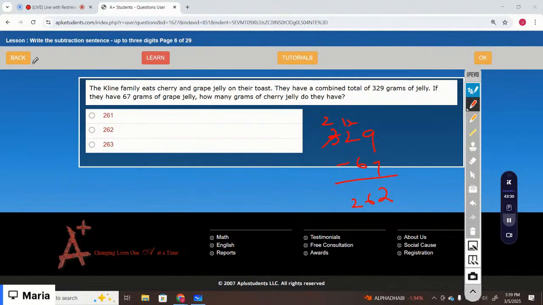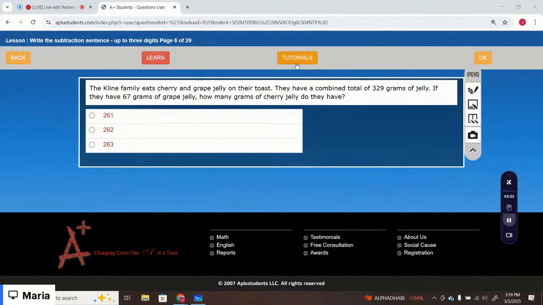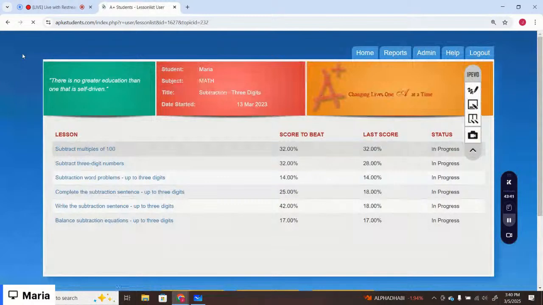Okay, you can complete the lesson yourself today. So we were working on grade 2 math. The chapter we were working on is subtraction 3 digits.